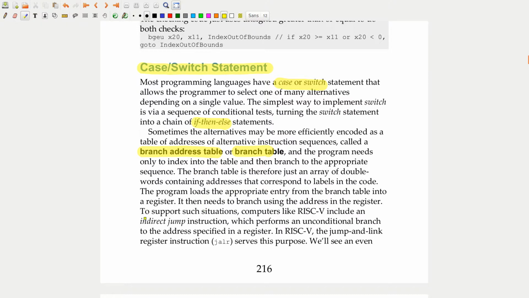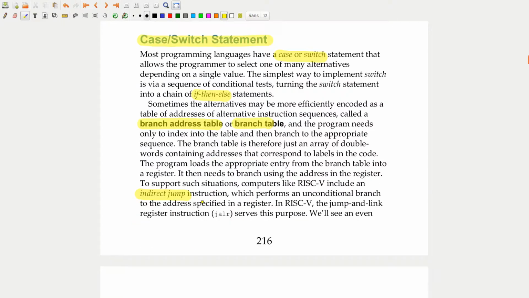The way to do this is with indirect jumps. This is where we're jumping to a specific location, but without some kind of condition. We're just jumping to an address that we give it, and that's why it's called an unconditional branch. We don't need to test any conditions in order to branch. We can just jump.